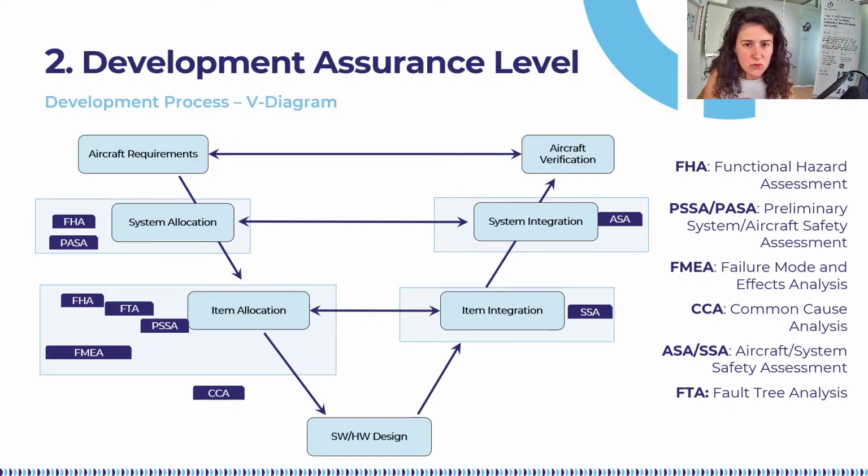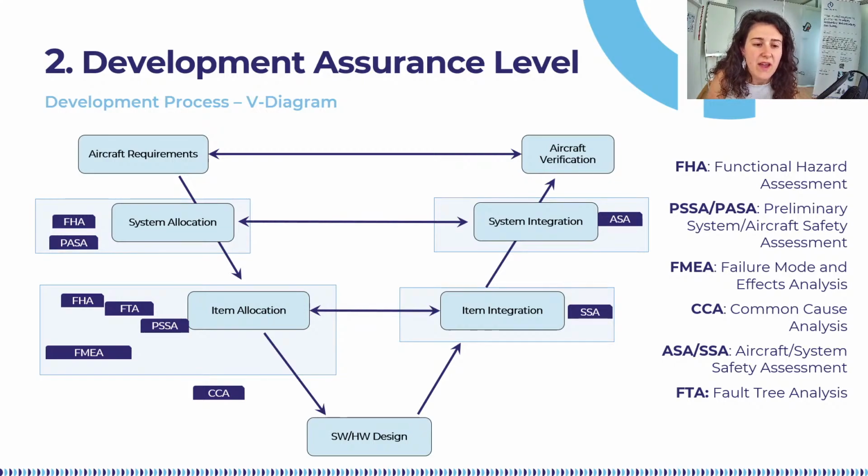To know where the IDAL and FDAL allocation needs to be performed, and at what time of the product life, we have this V diagram. This is a typical V diagram. On the left-hand side we have the aircraft requirements and system allocation, item allocation. When we are defining all the requirements and the architecture of our system or our item, we develop the fault trees, the FHAs, the PSSA.